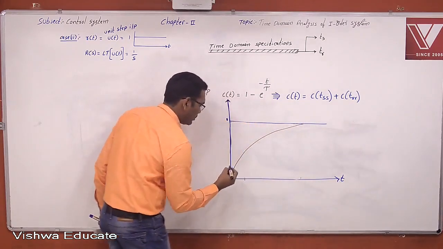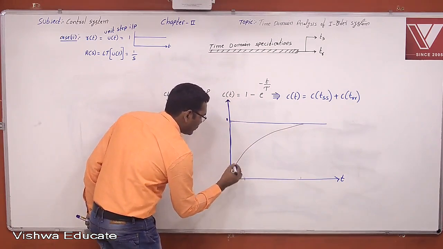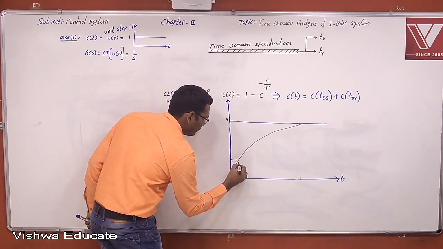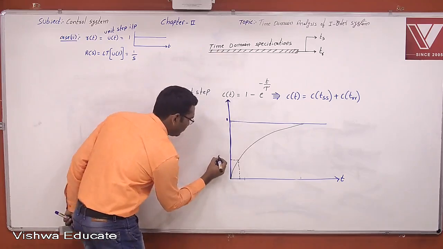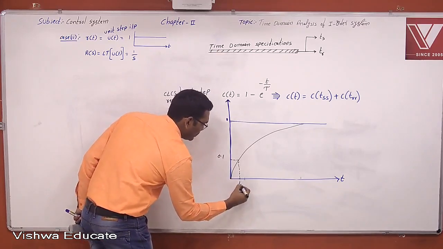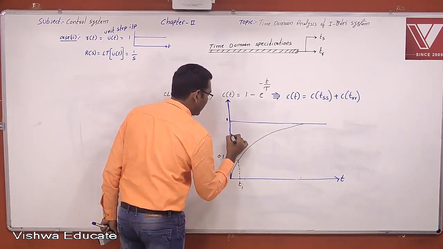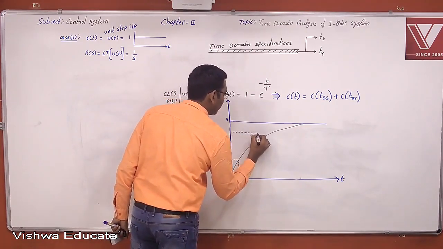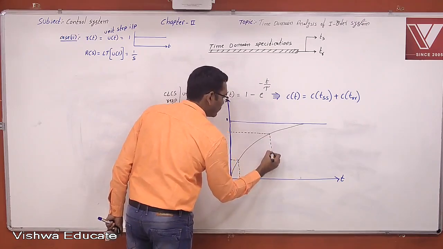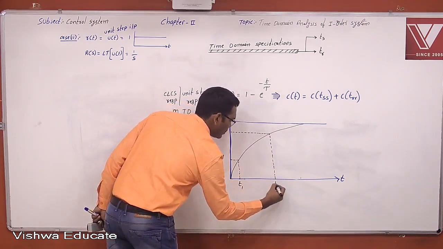Now in this response, the time taken by the response to rise from 10%, let us assume this is T1, to 90%, let us assume this is T2.